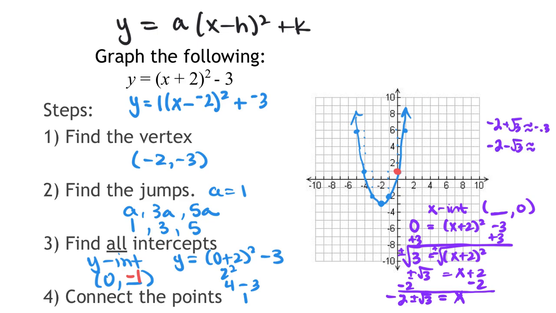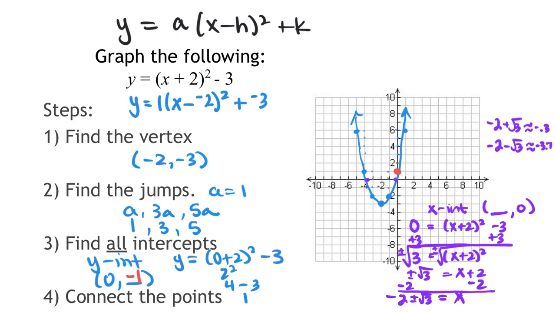And if you take negative 2 and subtract the square root of 3, you're going to get approximately negative 3.7. Those are decimals. But if you look at our graph, a negative 0.3 is pretty accurate to what we have here, and a negative 3.7 is in the ballpark of where we're looking. So those are where our intercepts are, approximately right here and right here.